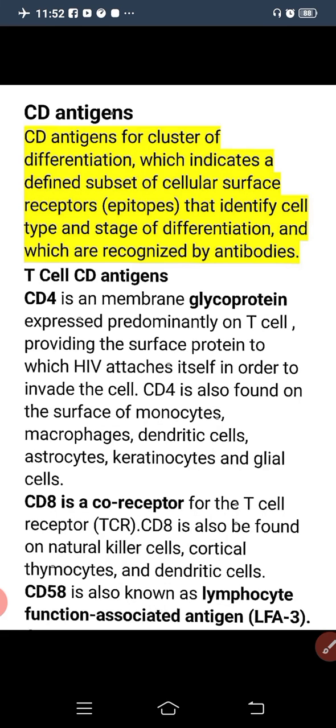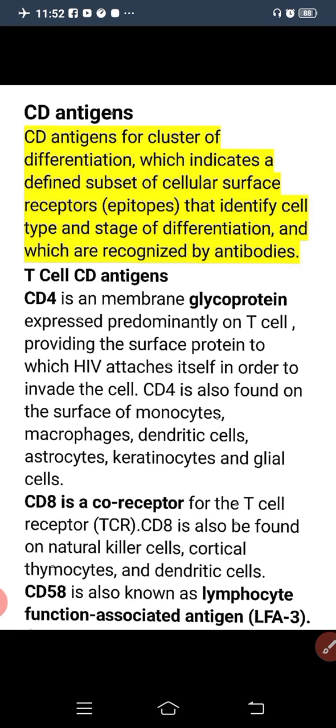HIV is an example of foreign particles. CD4 is also found on the surface of monocytes, macrophages, dendritic cells, astrocytes, keratinocytes and glial cells. CD8 is a co-receptor for the T cell receptor, TCR.